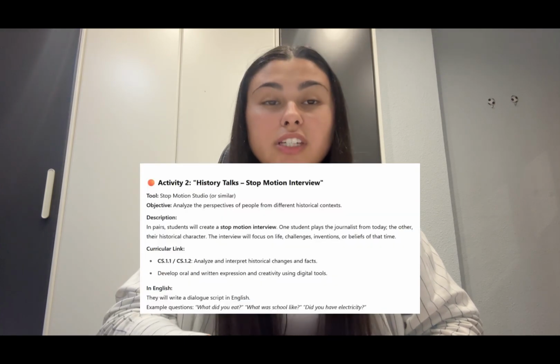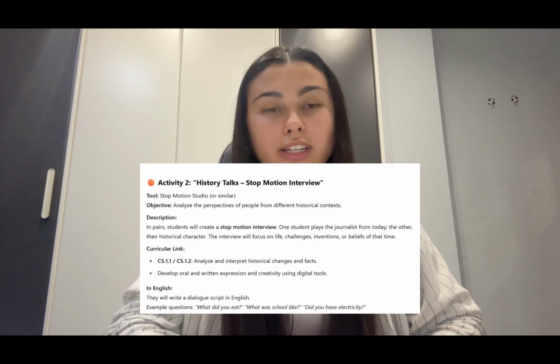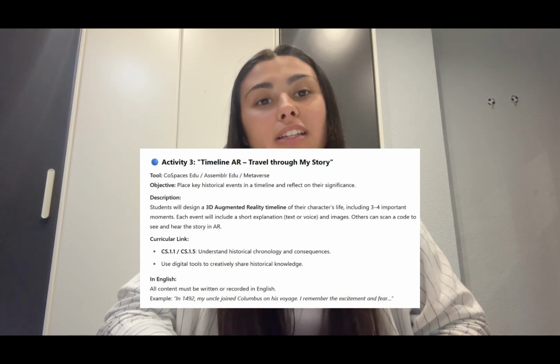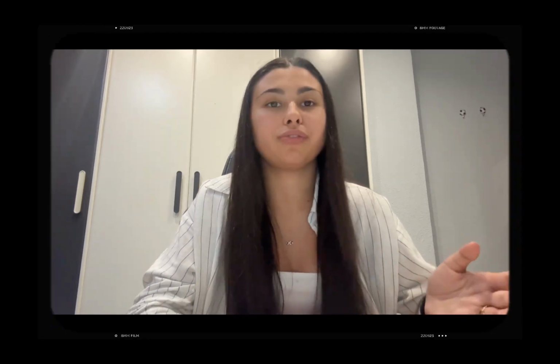About the second activity, I didn't like it very much, so I changed it completely. I still used stop motion, but with different ideas. And finally, for the third activity, I like the main idea of making a timeline, but I have used another tool to create the activity, so it's very different.